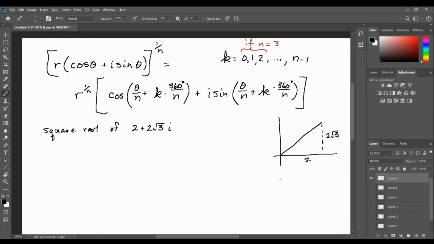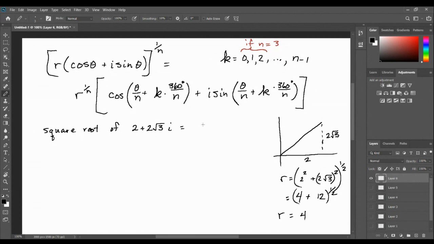So the square root of the sum of the squares, 2 squared plus 2 root 3 squared, and I'm taking the square root of all of that. 2 squared is 4. 2 root 3 squared, you've got the 2 times 2, which is 4. Root 3 times root 3 is 3. 3 times 4 is 12. And I need the square root of that. And the square root of 16 is 4.